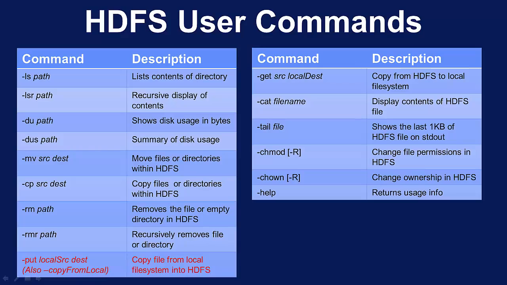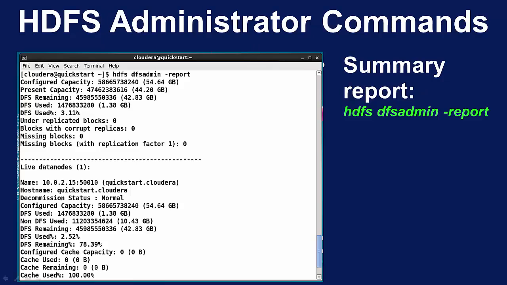And you can look at the contents of the file, like using the cat option. You can look at the last 1 kilobyte of an HDFS file if it's changing. So several options, and I haven't listed all of them in this slide, but you can see they look very similar to what you would have on a local file system. It's just that you have to run this through the HDFS script.